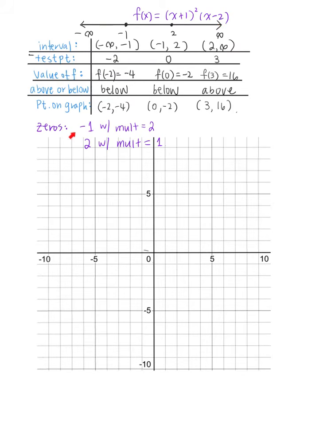So that means we have a zero of negative 1 with multiplicity 2, and a zero of 2 with multiplicity 1. Let's keep that in mind and jot down our zeros. So what do we got? We got negative 1, and then 2. And then our y-intercept was negative 2, wasn't it?